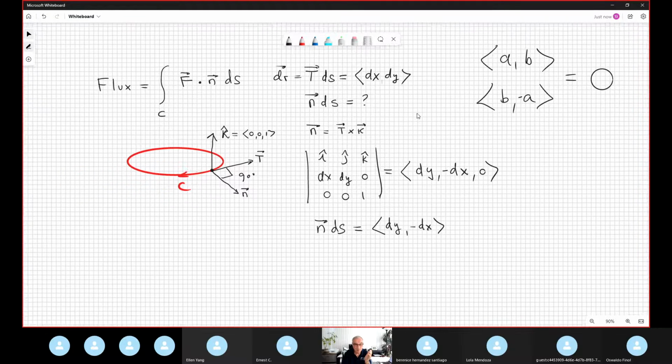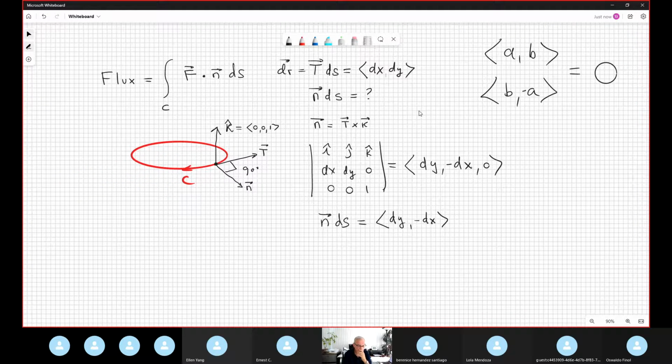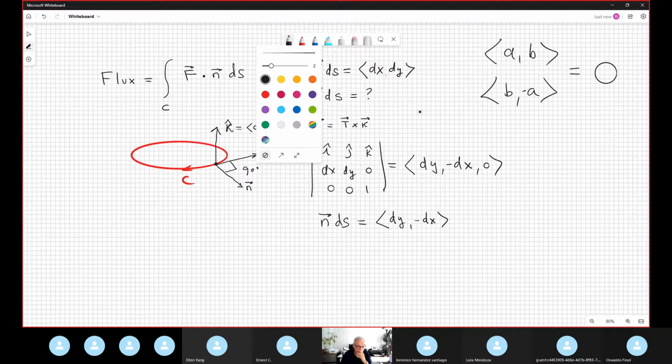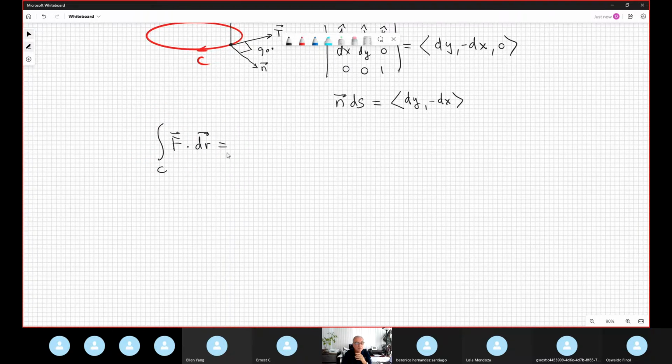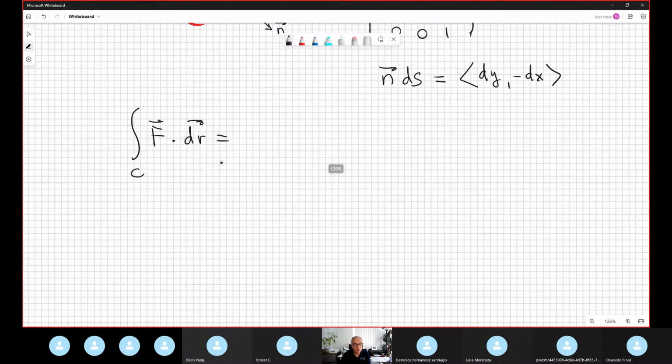Okay? So, super easy. Because you are familiar with the circulation integral. The circulation integral is the integral of F dot dr. And F dr is, suppose, a vector field in 2 dimensions, P, Q, dot product, and dr is dx, dy, no?